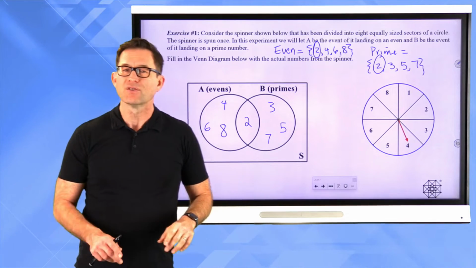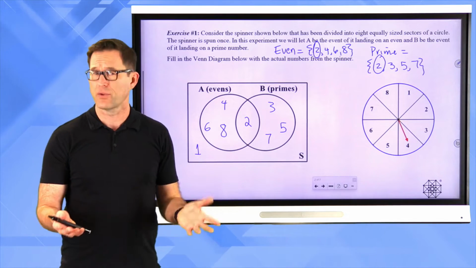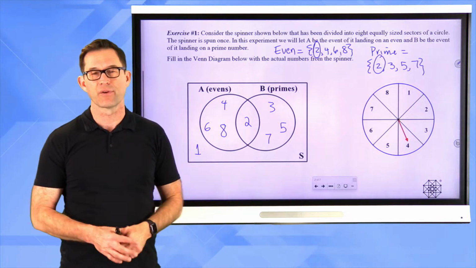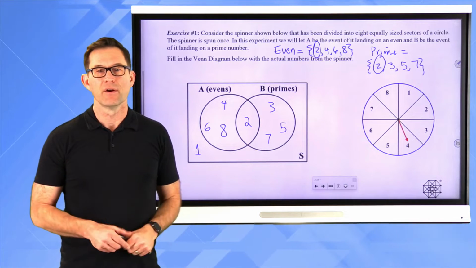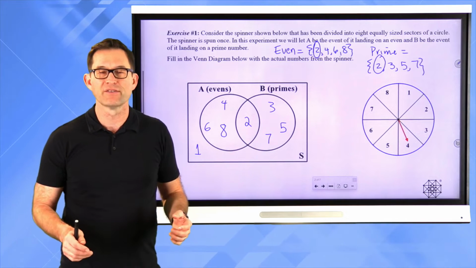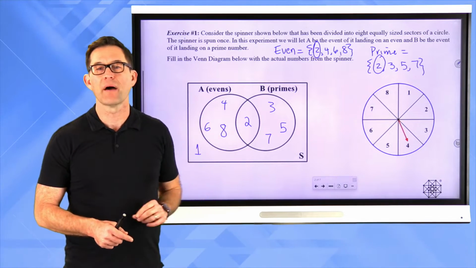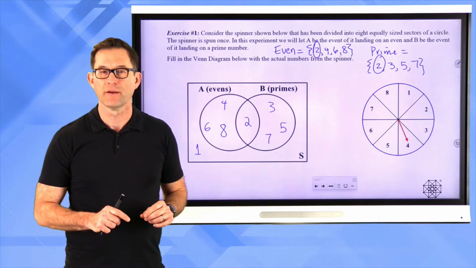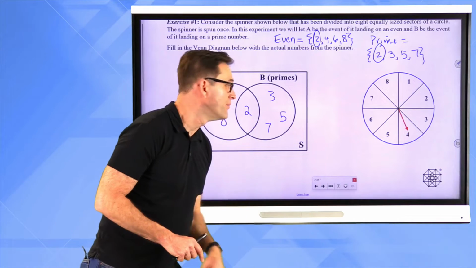So we can really see everything about the sample space and these two particular events, because there are other events. There could be multiples of 3, there could be an event of numbers that are odd but greater than 4. There's all sorts of other events we could have, but we're only thinking about these two right at this moment.